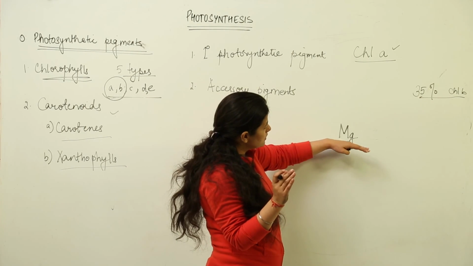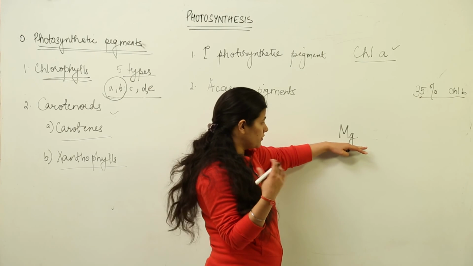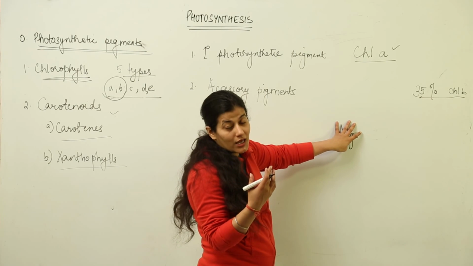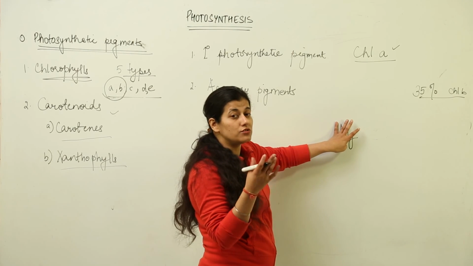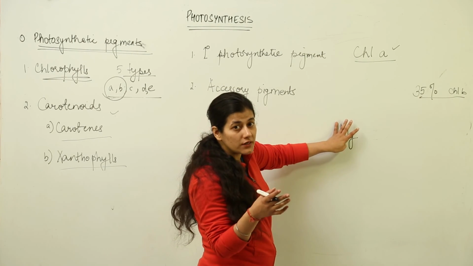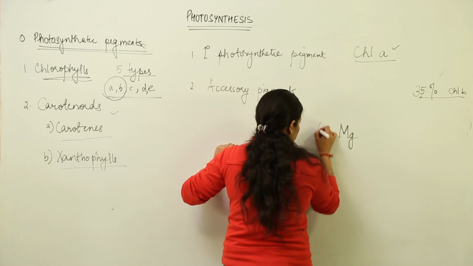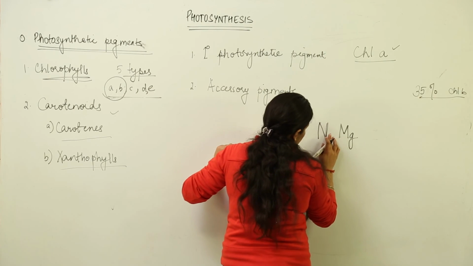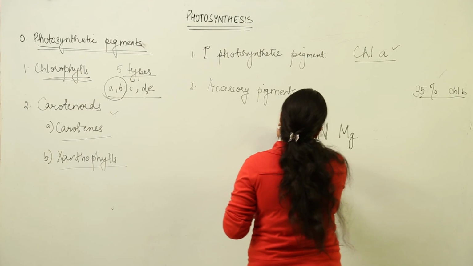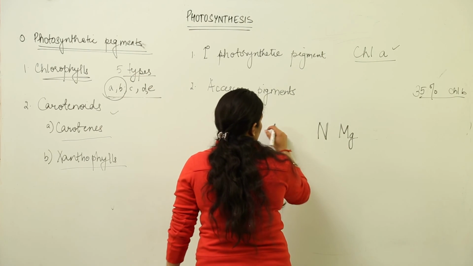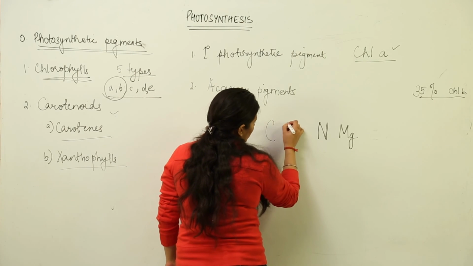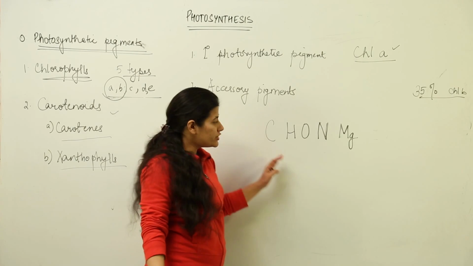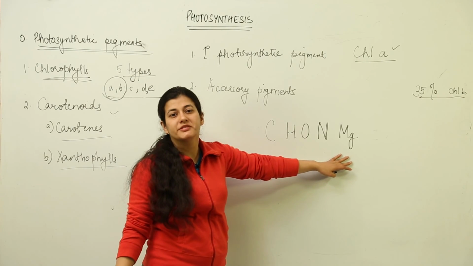So, we are writing its chemical formula. We have put magnesium in the beginning. We have also talked about how if nitrogen is not present, then also leaves undergo chlorosis. So, I am going to put nitrogen over here. We have a certain amount of nitrogen, a certain amount of magnesium, and of course, chlorophyll has C, H, O. So, this is what a chlorophyll representation would be.